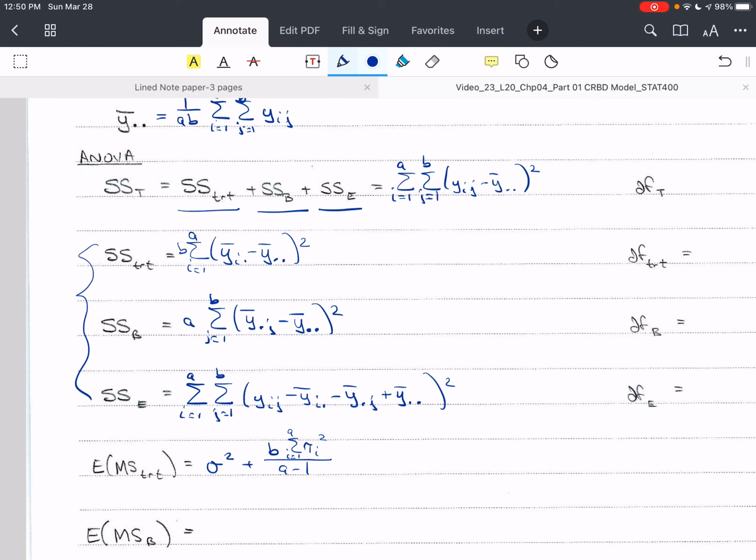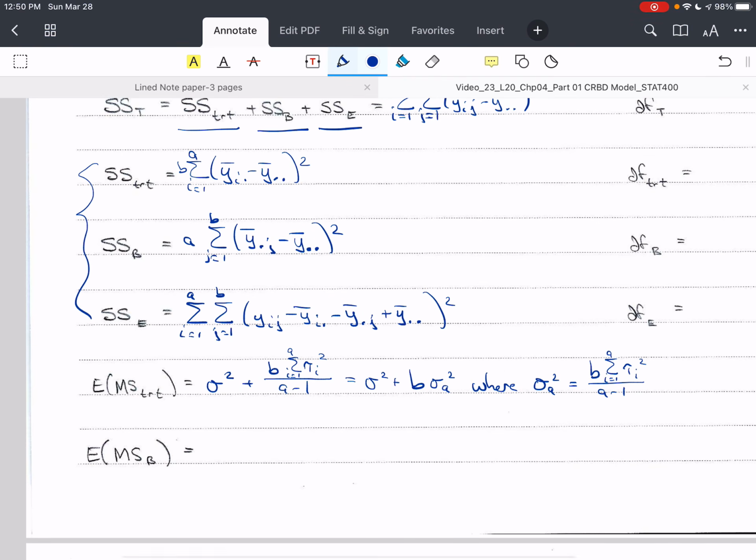And what we can say is that this is equal to sigma squared plus b sigma a squared, where we are calling sigma a squared this b times the sum of tau i squared over a minus 1. It's an estimate for that, but it's not really a variance, but we're notating it like it is.